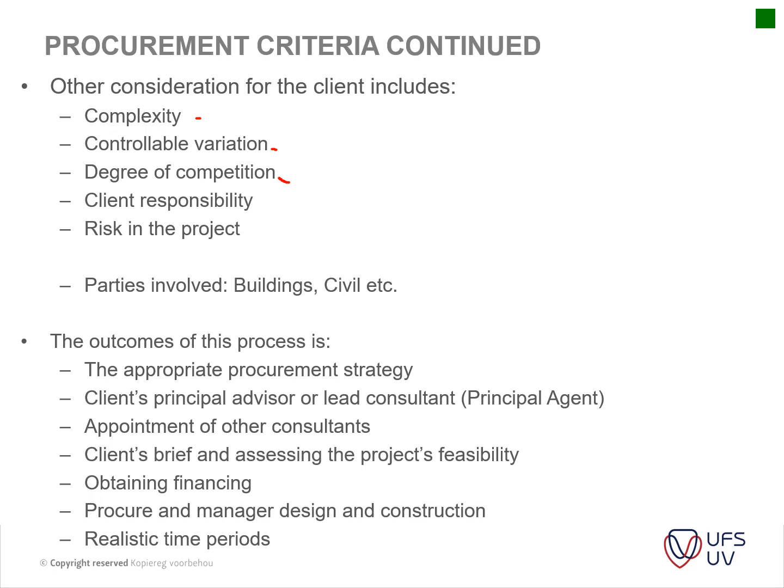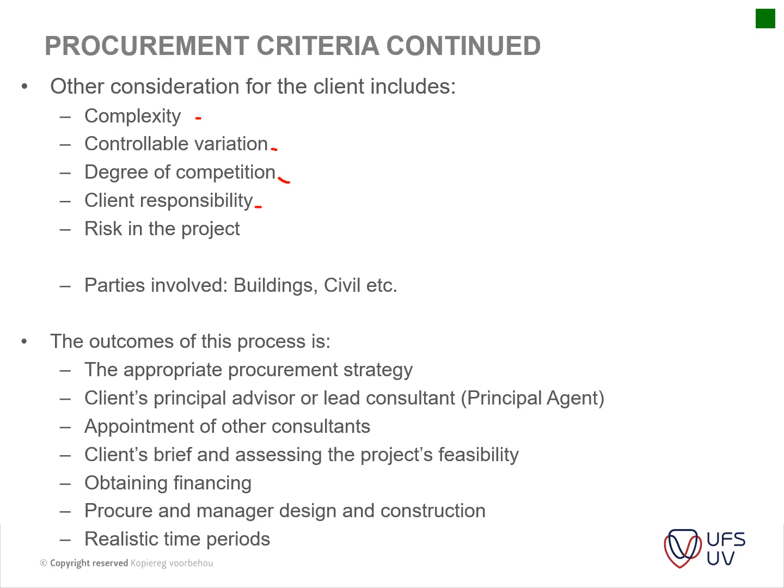Usually if there's a lot of competition, your prices are usually lower, because if the price of the one team is not in line with what you had in mind, you can always go to another supplier and get another quote, which will push the rate down. More competition will obviously have a big influence on how you approach your procurement methods.